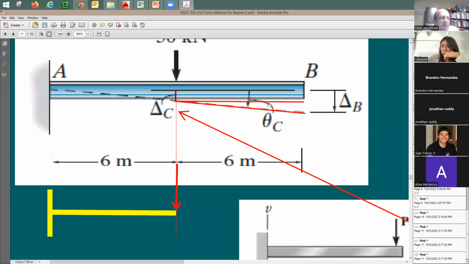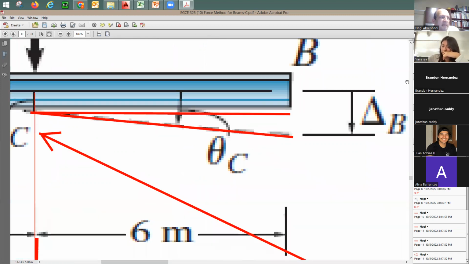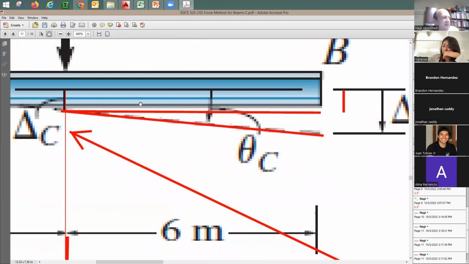And they have this rotation. And this amount of deflection from this straight line, the horizontal line, to that point at the end, is gonna be equal to the rotation times the distance. So here, I can divide this into 2 sections or 2 segments. Here's the first one, which is the same as delta C, right?